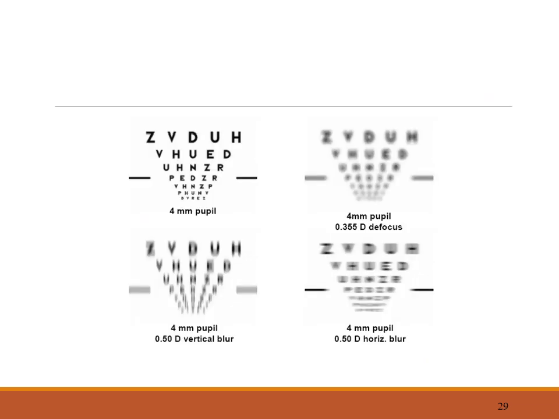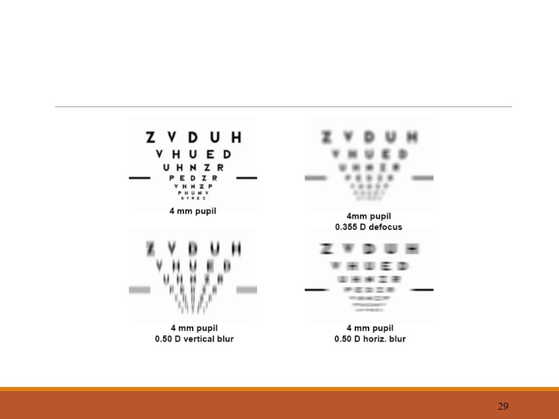The four figures show different types of refractive error at the same pupil size, which is 4 mm. The first figure shows normal visual acuity. The second figure shows defocus of 0.35 diopter.